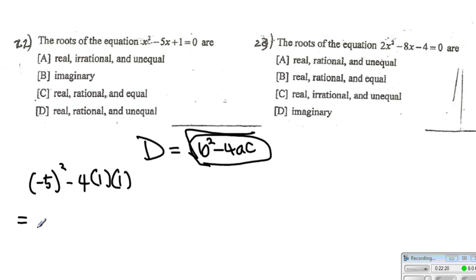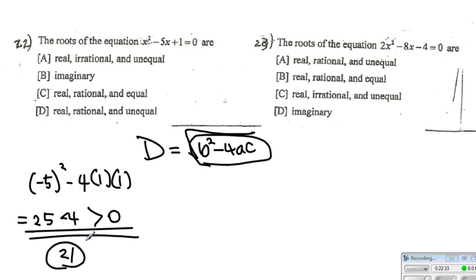Then here we end up getting 25 minus 4, which is positive, which we end up getting 21. What is 21? 21 is positive, so therefore we're going to get real roots. And then, since this is not a perfect square, we will not be able to get rational roots. We'll end up getting irrational roots right here.